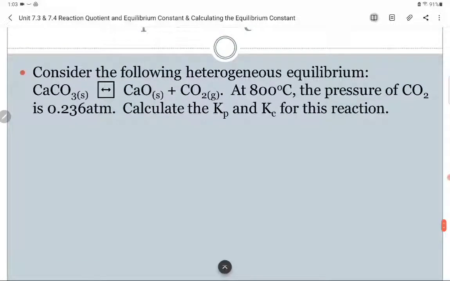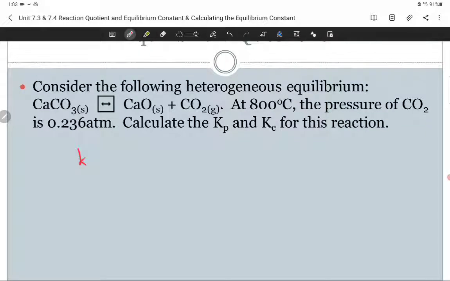We've got a heterogeneous equilibrium here. We've got a solid going to a solid and a gas. Calculate Kp and calculate Kc. It gives us a partial pressure. So I think it would be a little easier to just solve for Kp first. So what would be the Kp expression?